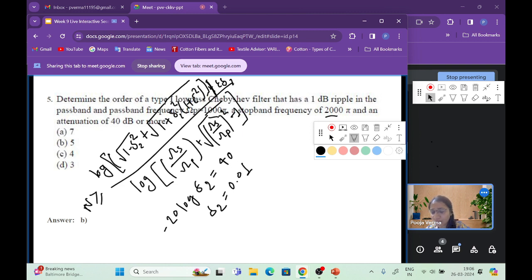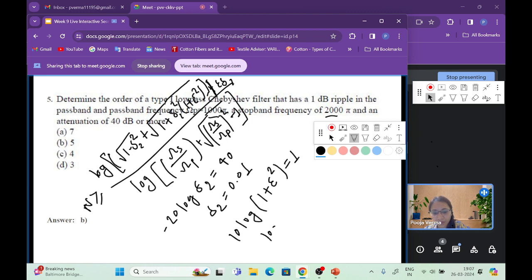Okay. Now we need to find out epsilon. You can find epsilon by this equation, which is also given in dB: 10 log 1 plus epsilon square, it is the pass band attenuation, which is given as 1 dB.